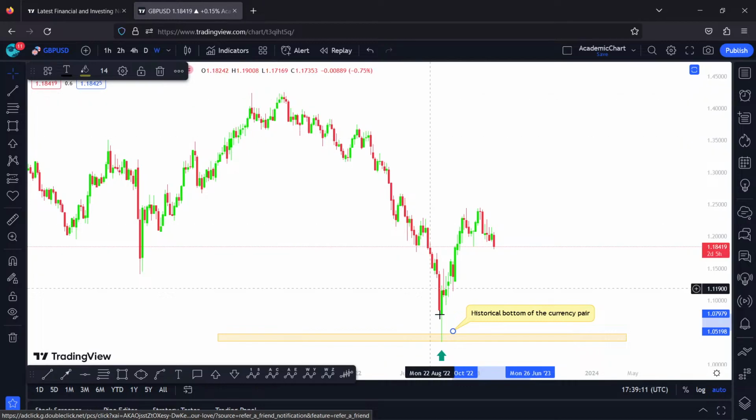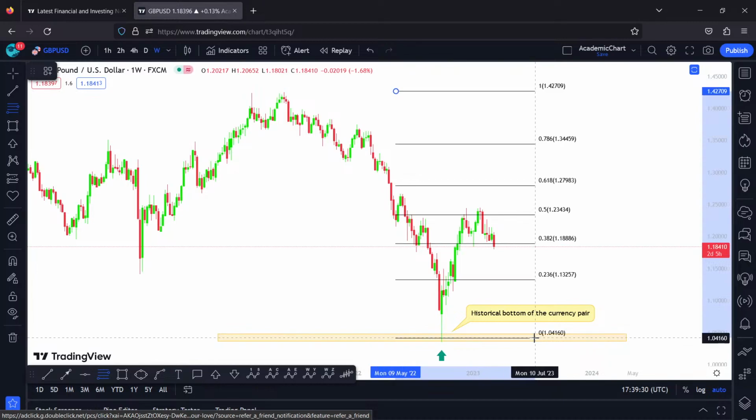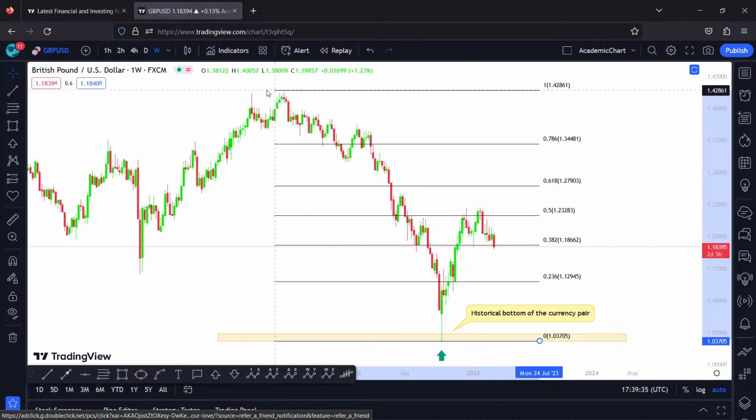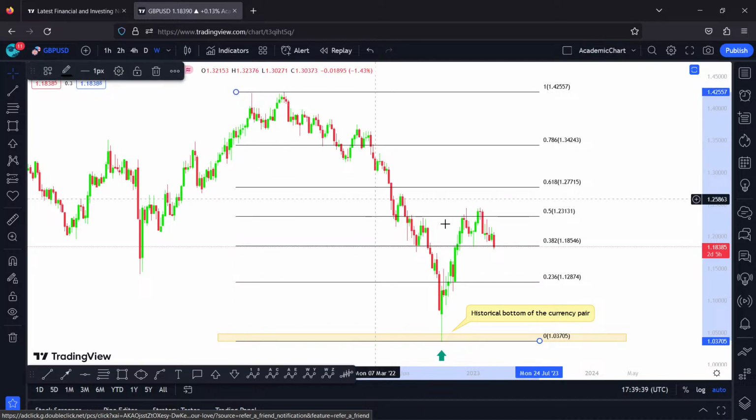I can see an impulsive downtrend wave to this historical point, with a big shadow here on the weekly chart, and of course I can see a reversal. So let's grab this Fibonacci retracement tool and see where this correction is so far.